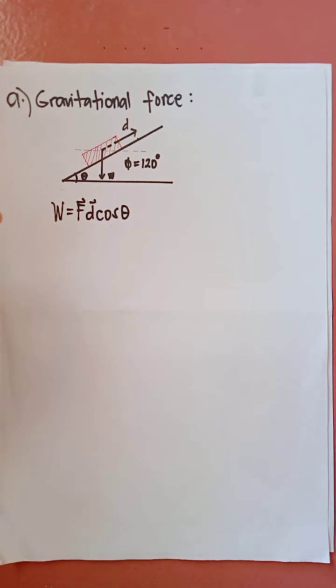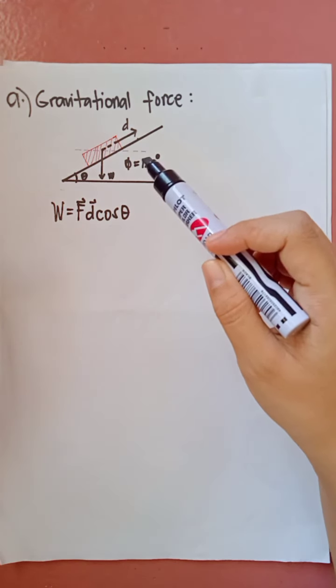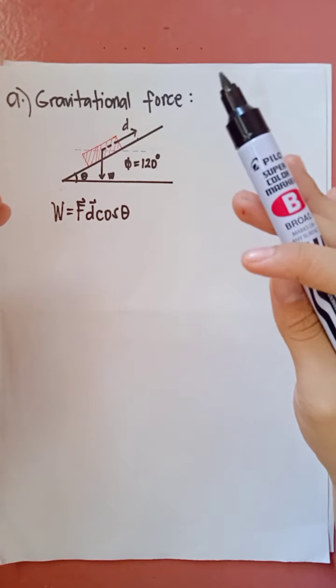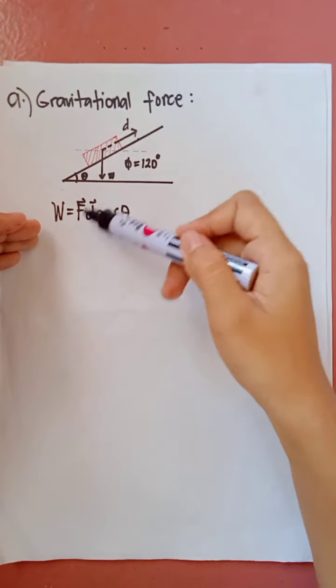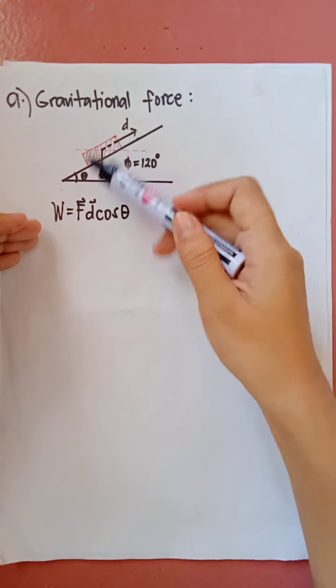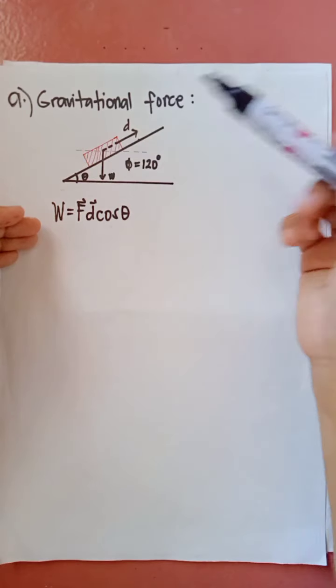All right, since we are dealing with the gravitational force here, we are asked what the work done is. We are asked what the work done by the gravitational force acting on the block. That means we are going to deal with the weight. Our force here, this F right here, will revolve on the value of the weight.